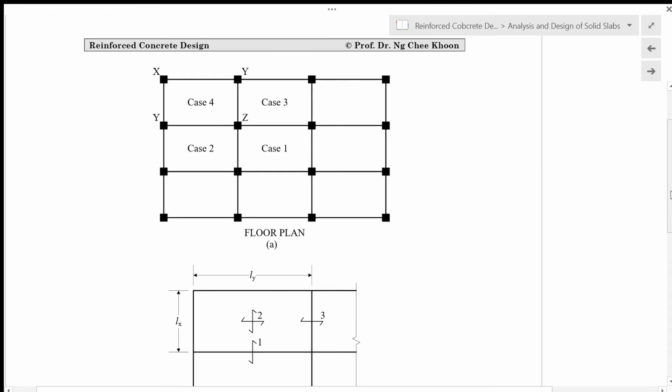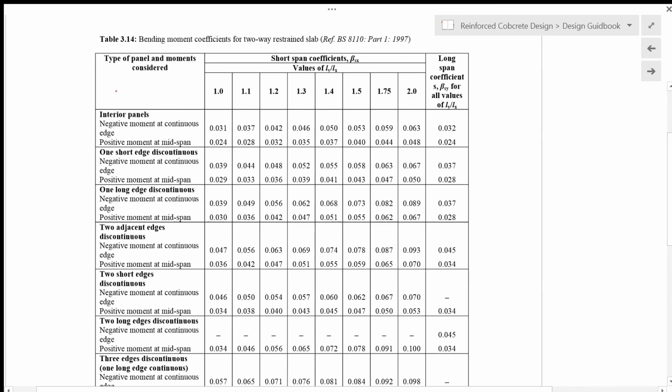So first let us look at how we determine the support conditions. In case 1 here, it's continuous over all 4 sides. So it is classified as an interior panel where all 4 sides of the supports are continuous. So this is case 1 in our slab design.